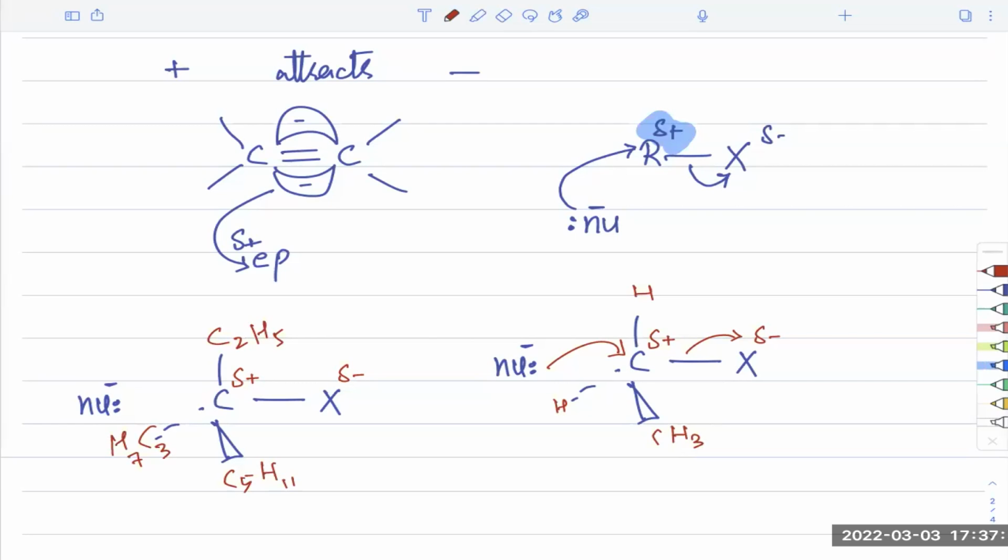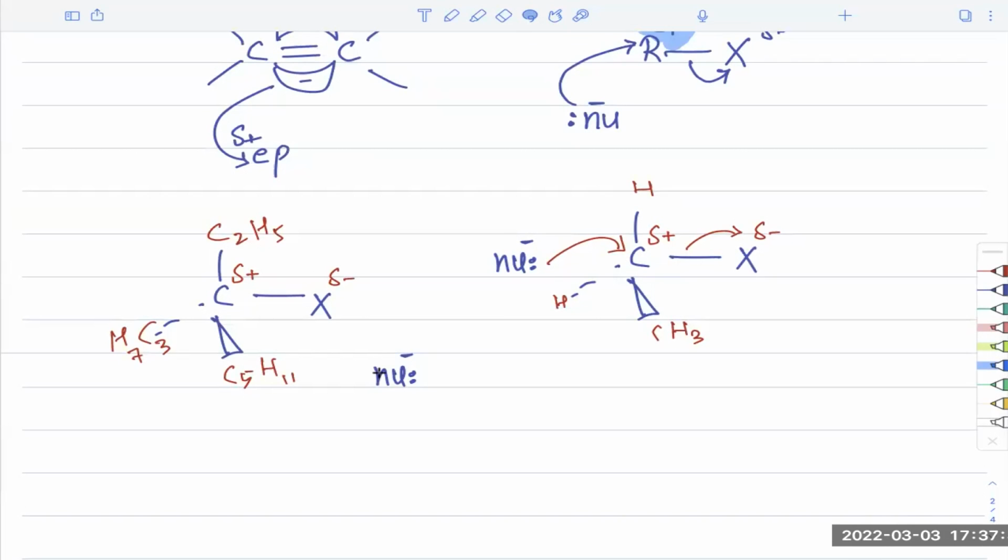It's not going to be easy to approach. It's very crowded in there. So this nucleophile will not be able to approach it. So what will it do? It will have to wait for the halogen to leave, obviously, because that carbon is not approachable otherwise. And when it does, the nucleophile will come and take its place.